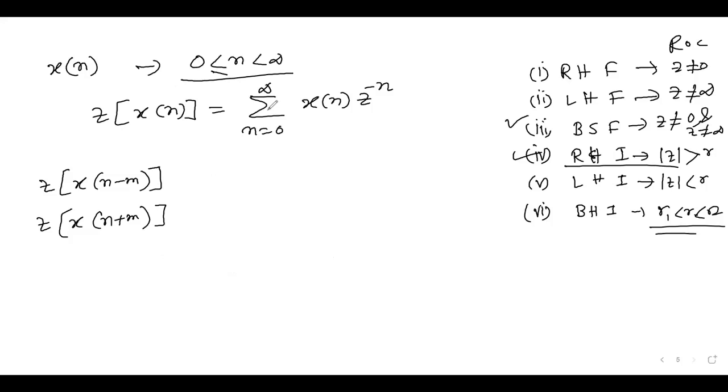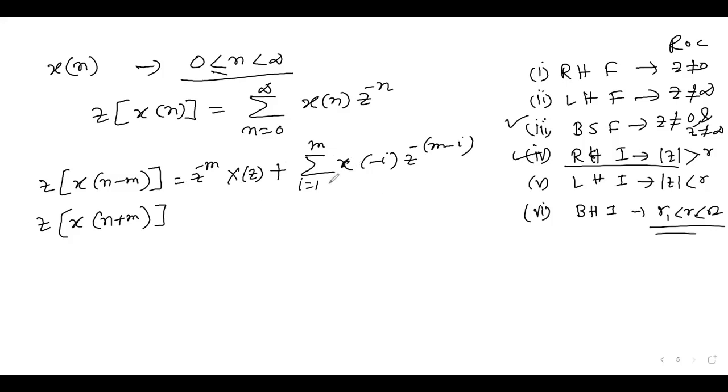In that case, remember the shifting property formula will be different. This will be z to the power minus m X(z) plus summation i equal to 1 to m of x(minus i) z to the power minus m plus i. Okay, if the signal is a one-sided signal, then x(n minus m) will be this formula.